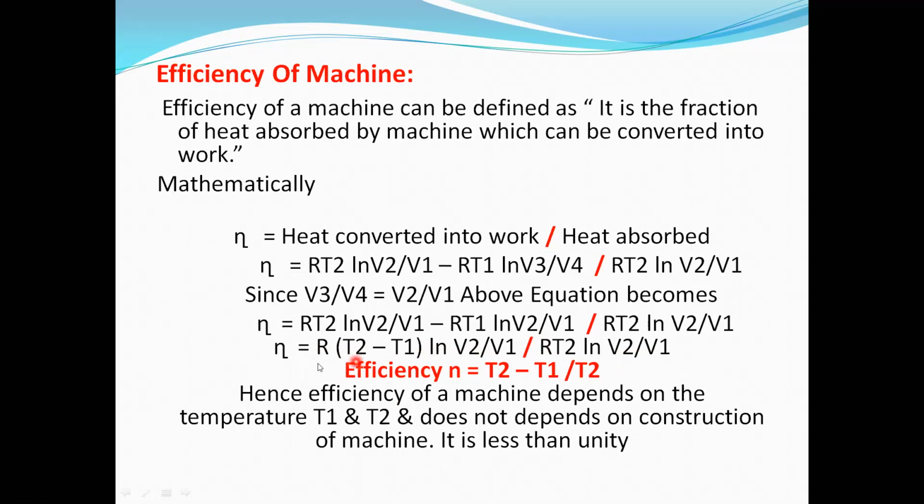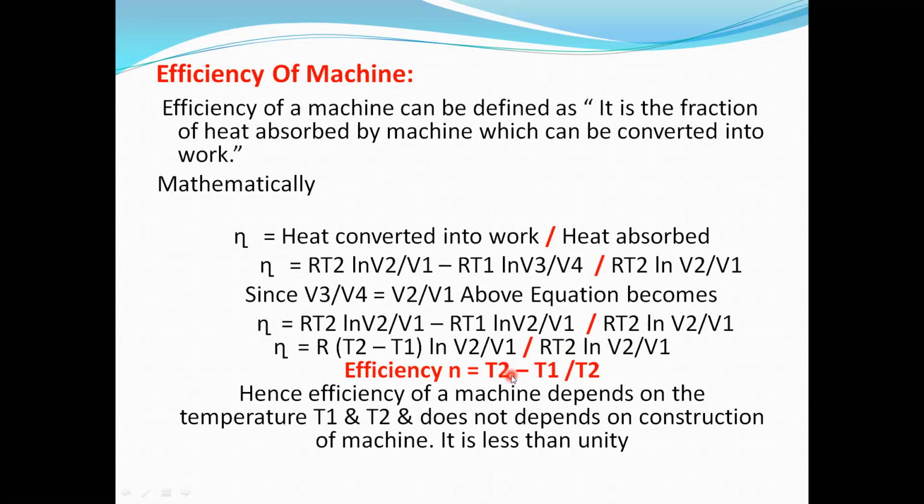So what remains? This R cancelled, and this ln V2 upon V1 and this ln V2 upon V1 also got cancelled. So what remains only is T2 minus T1 divided by T2. Only this quantity remains, and this is the efficiency.